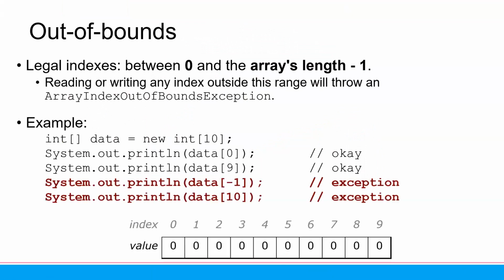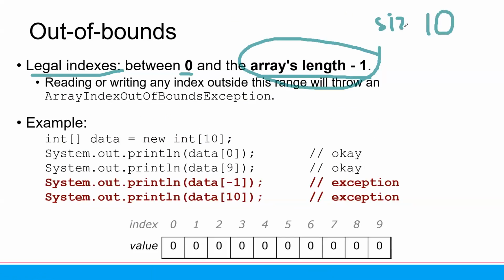Out of bounds. When you have array, I mentioned to you that the array index starts from 0, and the legal index will be from 0 until array length minus 1. So if the size is 10, then it will have an index from 0 until 9.